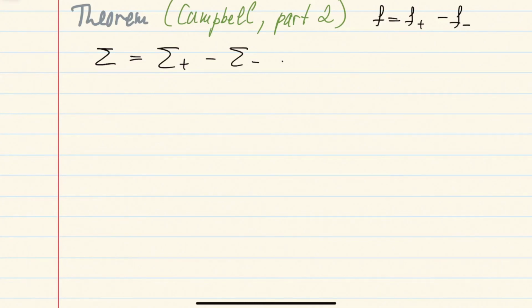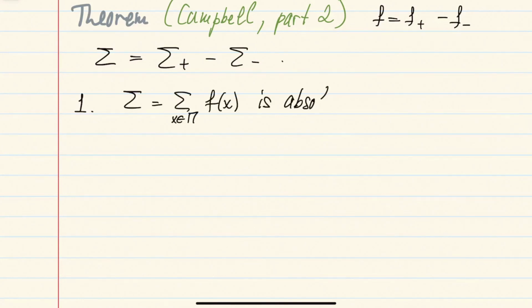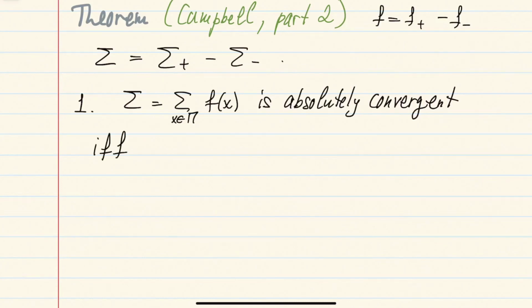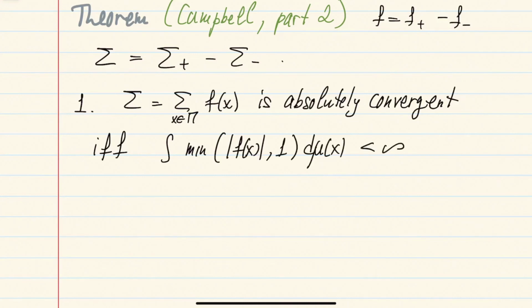And I'm going to change the order of the first and the second. So first we'll say that the series is absolutely convergent, which of course means that the series sigma plus and sigma minus are both finite almost surely, if and only if the integral of the truncation of the absolute value of f at 1 with respect to the mean measure is finite.